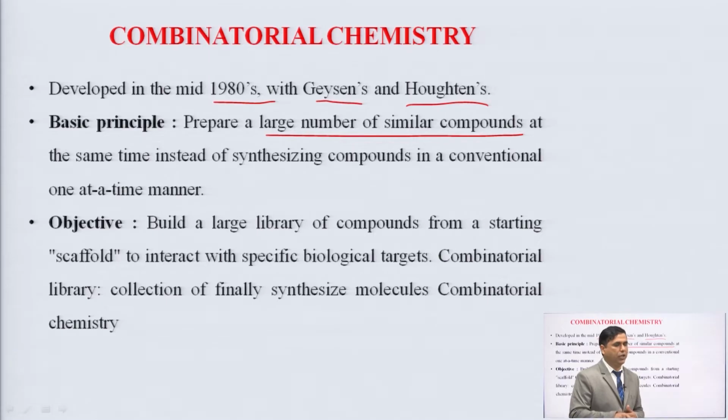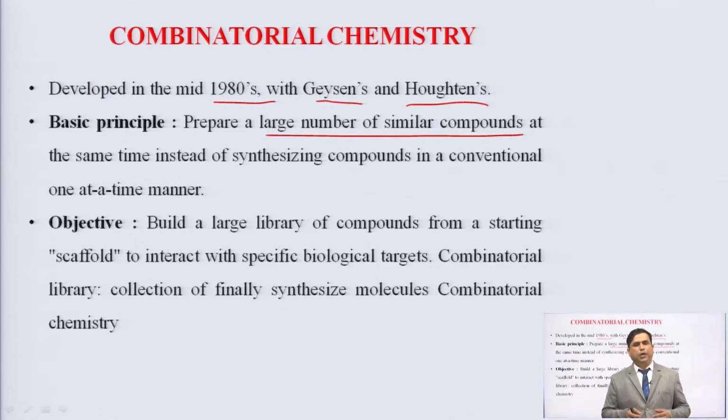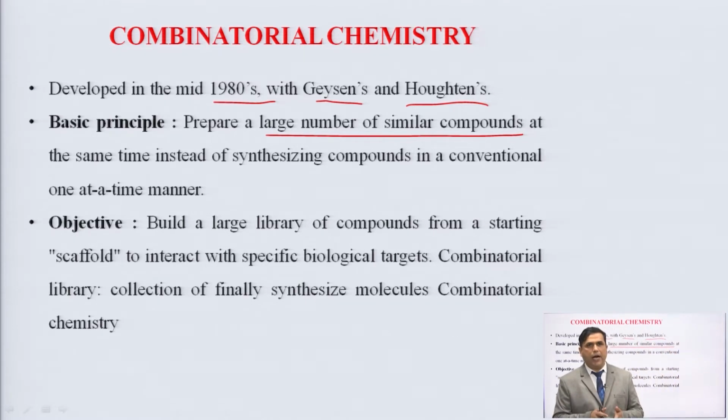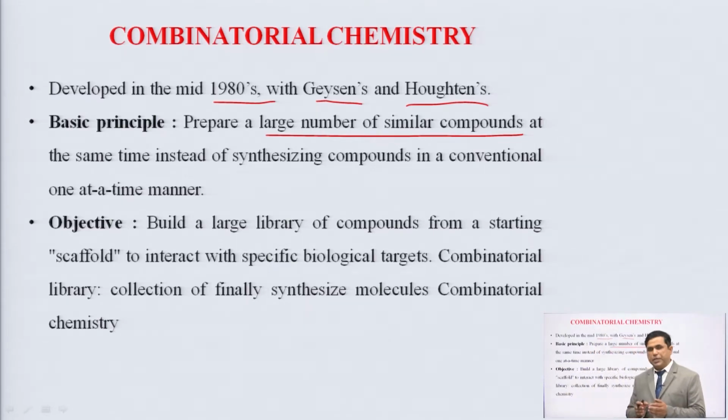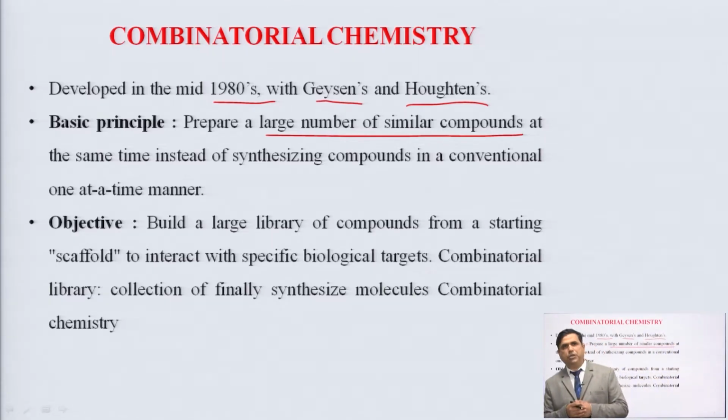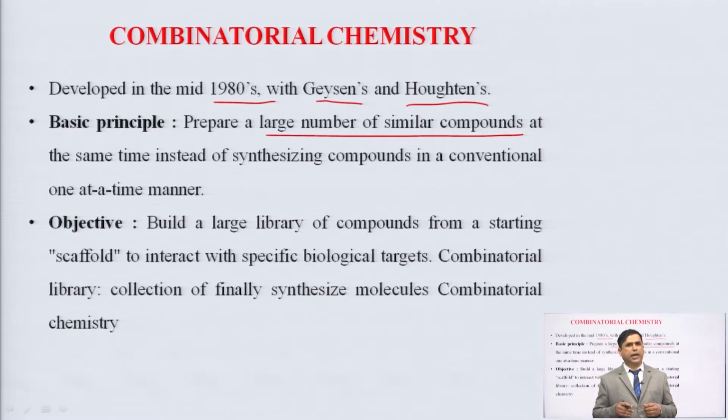But with the help of combinatorial chemistry, we can synthesize a large number of derivatives at one time. So, a large number of compounds will be produced. The basic principle involved here is the preparation of a large number of compounds at the same time, instead of synthesizing the compounds one by one, which is the conventional synthesis.